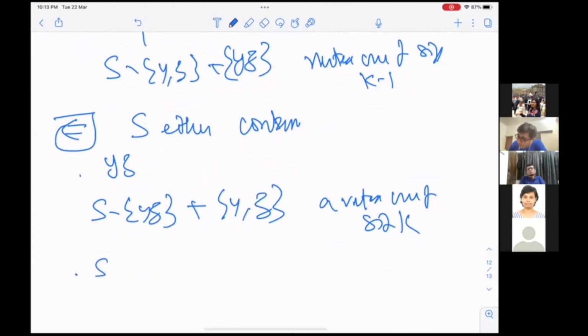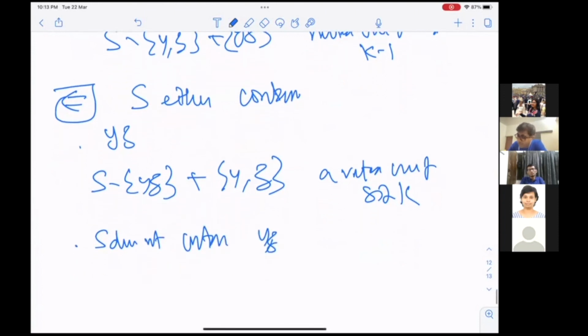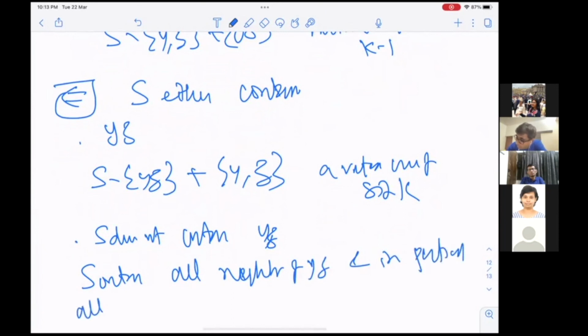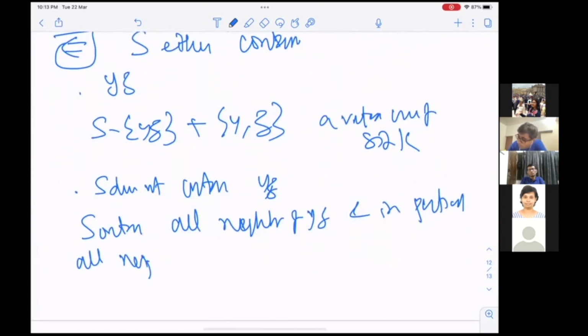Okay. S does not contain YZ. It means S contains all neighbors of YZ, and in particular, all neighbors in G but X, right?